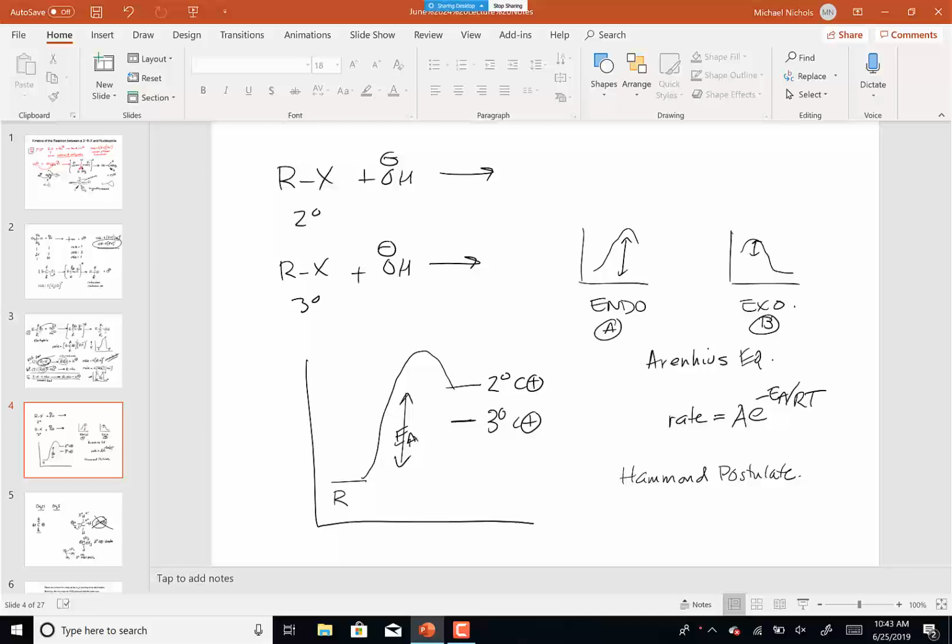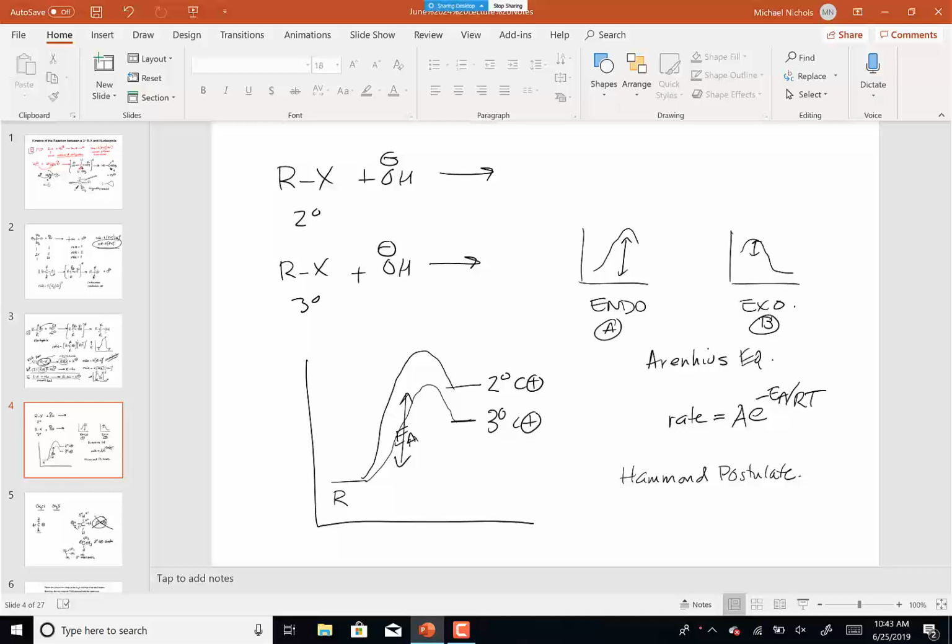Will the transition state energy be lower or above what I just drew for secondary? Lower? And the transition state will look closer to the carbocation than the secondary one.